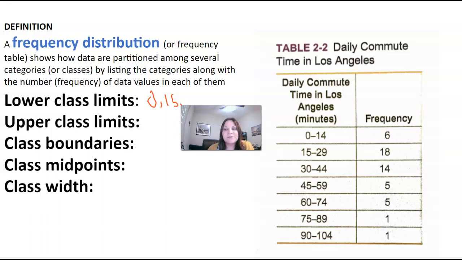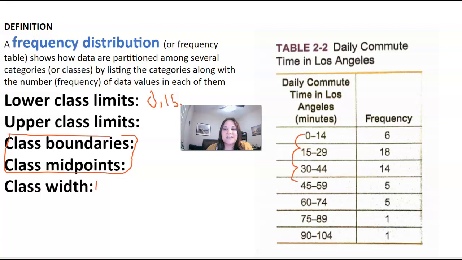The class boundaries, the midpoints, and the width are a little bit more challenging. So for these two I'm going to hold off on describing, and the class width I'm going to get right to. For the class width, you don't look within every single individual class. You want to look at the difference between the lower class limits, 0 to 15 to 30 to 45.